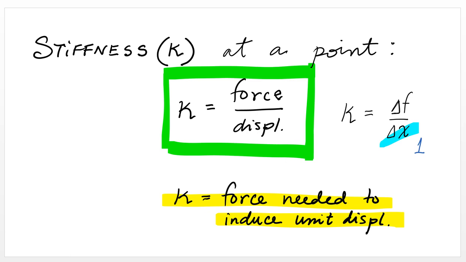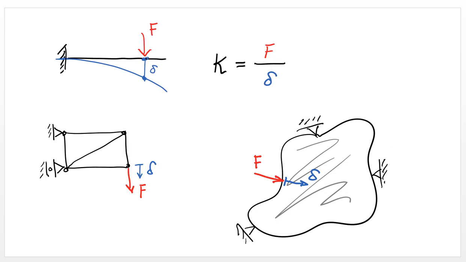And this can be applied to any linear elastic structure. It could be a beam, a frame, a truss, or a general two-dimensional, three-dimensional generic structure, right? Stiffness is always the ratio between the applied force and the displacement generated by that force.